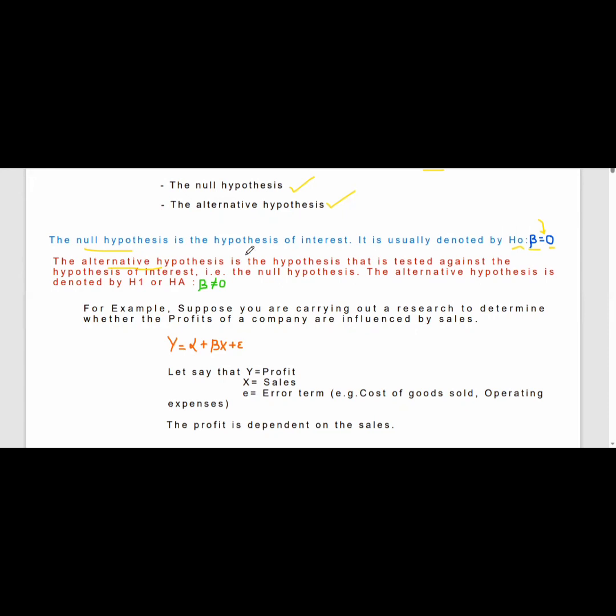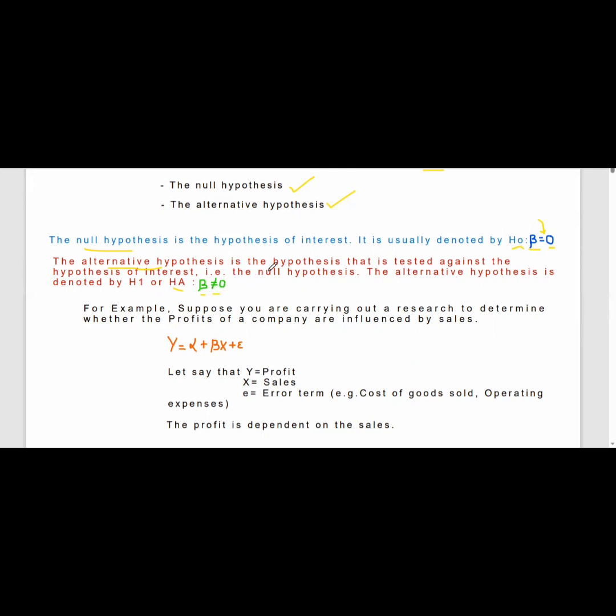So the alternative hypothesis is the hypothesis that is tested against the hypothesis of interest. Remember that the hypothesis of interest is the null hypothesis. The alternative hypothesis is denoted by H1 or HA, and it is usually denoted by beta naught is not equal to 0.